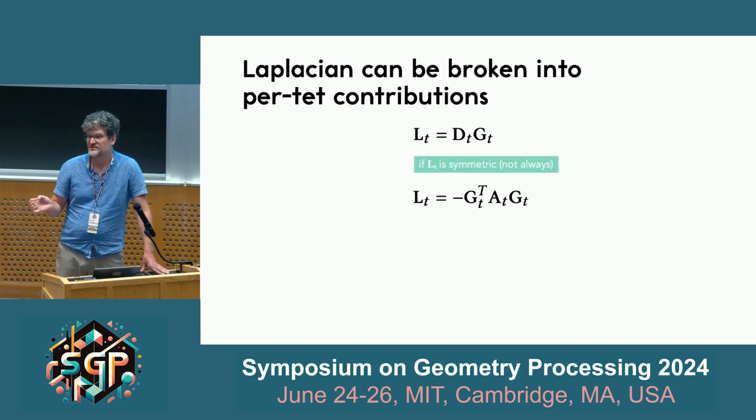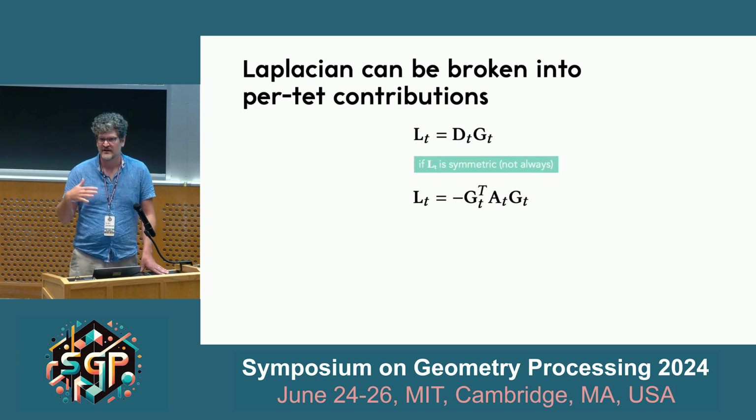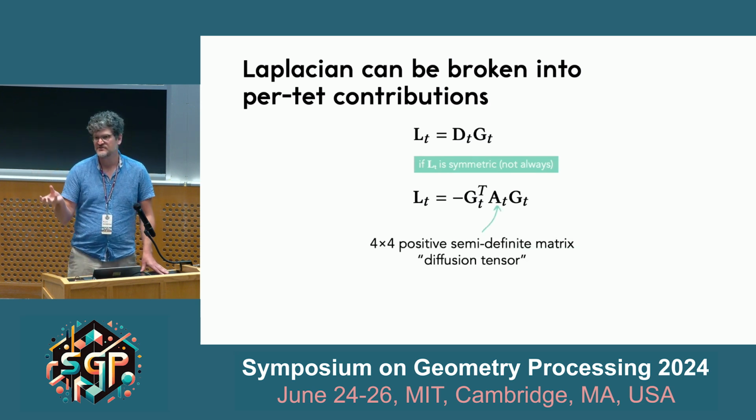If the Laplacian matrix should be symmetric, and it should be symmetric for every tetrahedron, which not all the methods will actually do, but if it is symmetric, then DT must have the form GT transpose times AT, where we can think of this AT matrix, which is a 4x4 positive semi-definite matrix, as a 4x4?